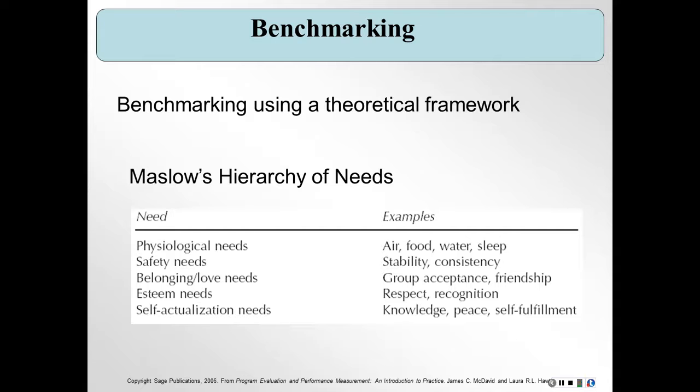Many of these kinds of programs have a component in them to address these exact sort of needs, as well as the fourth level there, the esteem needs, needs for respect and recognition. And finally, what Maslow referred to as self-actualization needs. Needs for knowledge, self-fulfillment, peace.